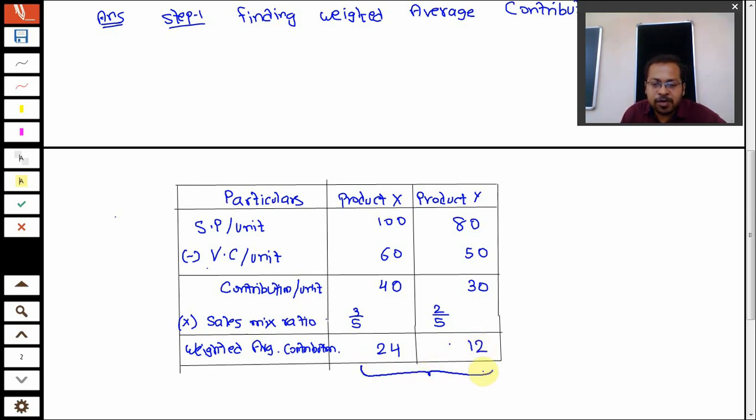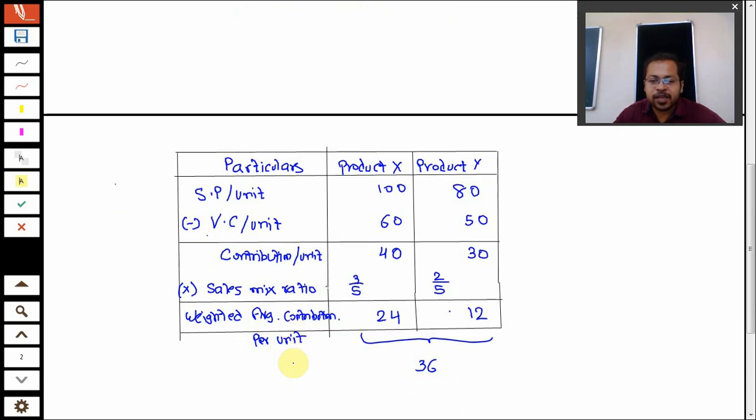So step number 1, our weighted average contribution per unit is the addition of these two values. So you can easily calculate this, and its value is rupees 36. So weighted average contribution per unit is 36.